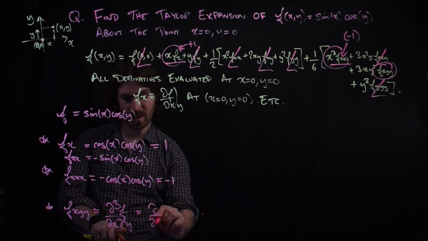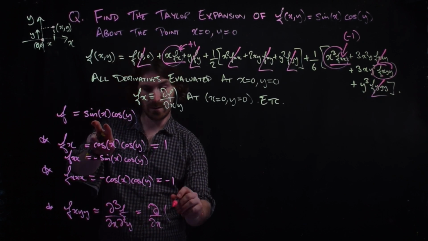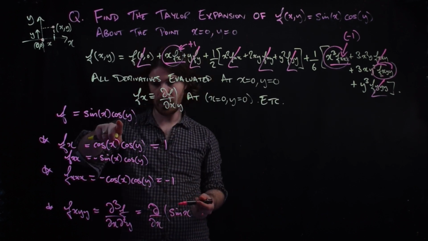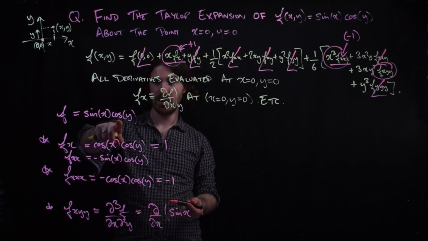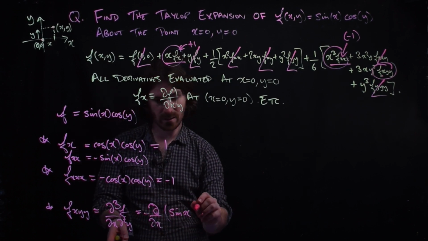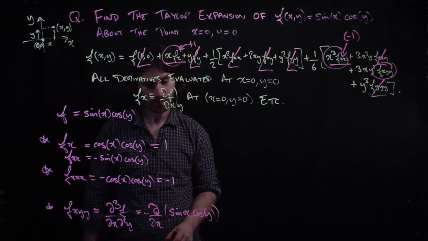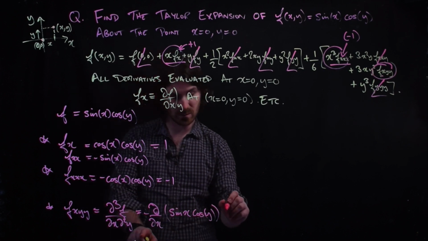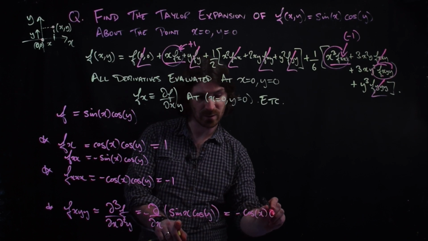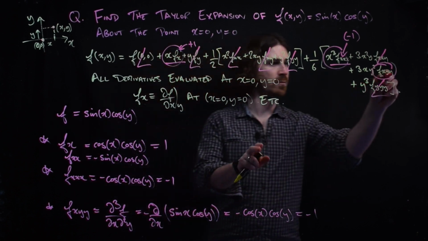The first derivative with respect to y of sine x cosine y will be minus sine x sine y, and then the second will be minus sine x cosine y. So we'll have a minus sine x and a cosine y here. Sorry, I said x, I meant y. And now we differentiate this once with respect to x, and this will be minus cosine x cosine y. Okay, and that will be minus 1. So this term gives us a minus 1.